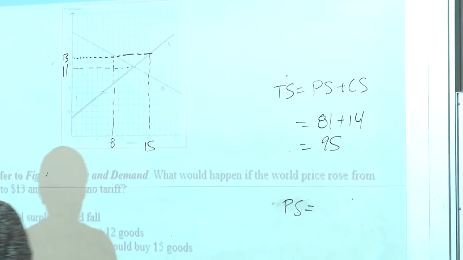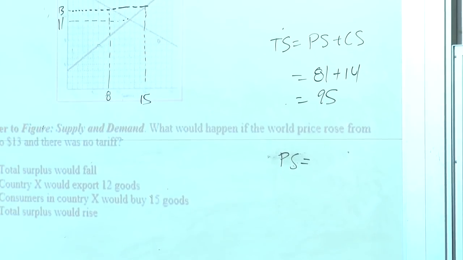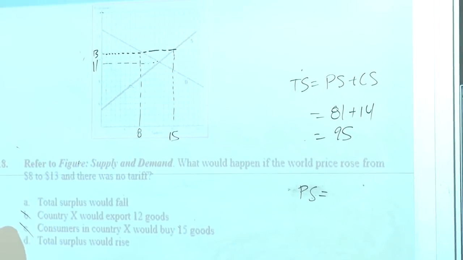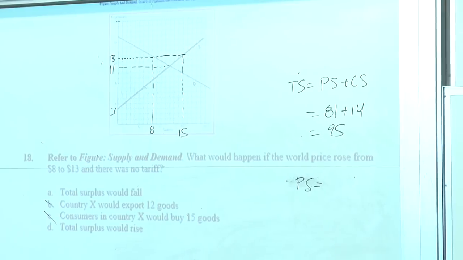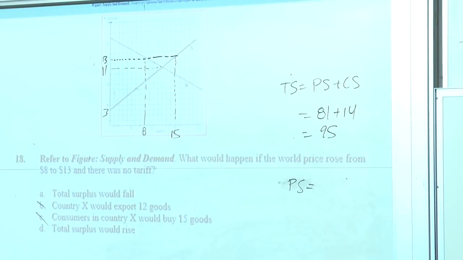All right, so first let's calculate our producer surplus. How are we going to get that? Remember, it is the area underneath the price and above your supply curve. It is the excess value you get above the minimum price you are willing to sell your product.